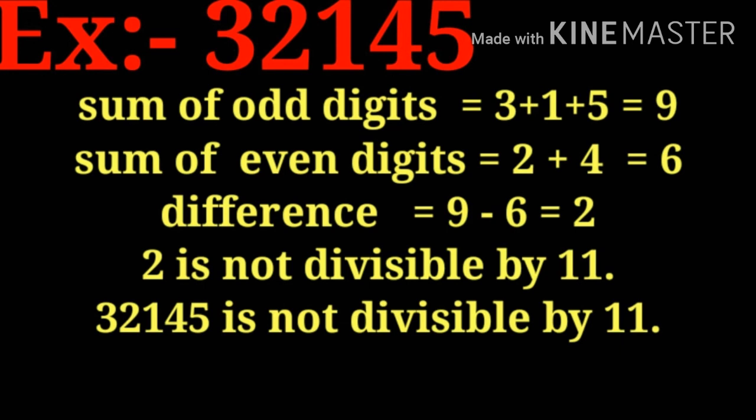In this example, odd digits are 3, 1, 5. The sum of odd digits is 9. Even digits are 2 and 4. The sum of even digits is 6. The difference between the sum of odd digits and the sum of even digits is 3. 3 is not divisible by 11. So 32145 is not divisible by 11.